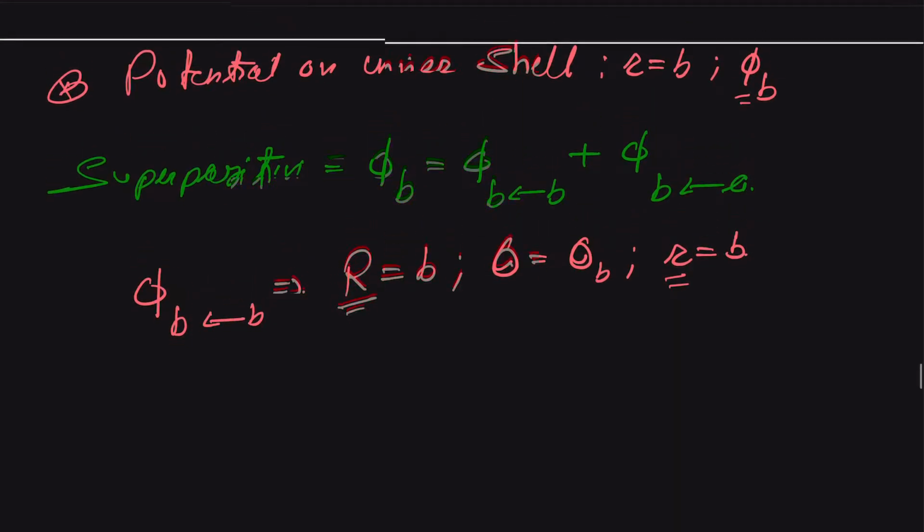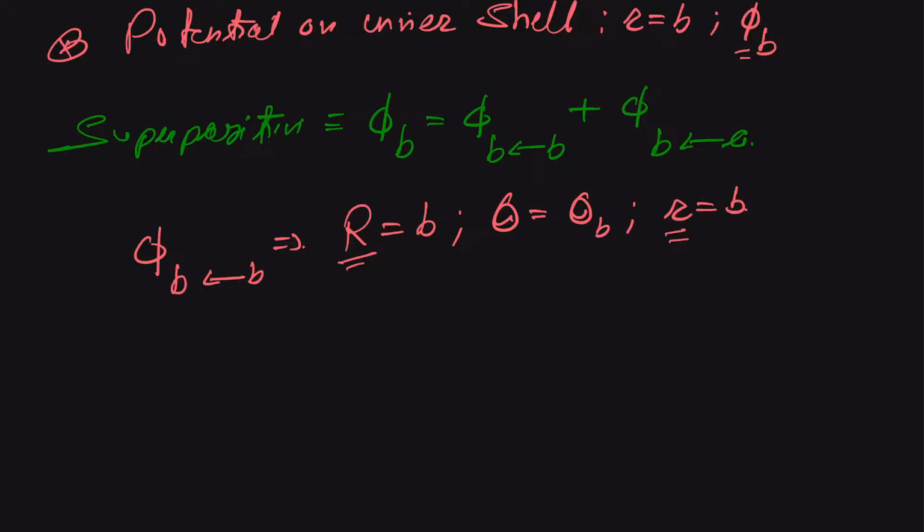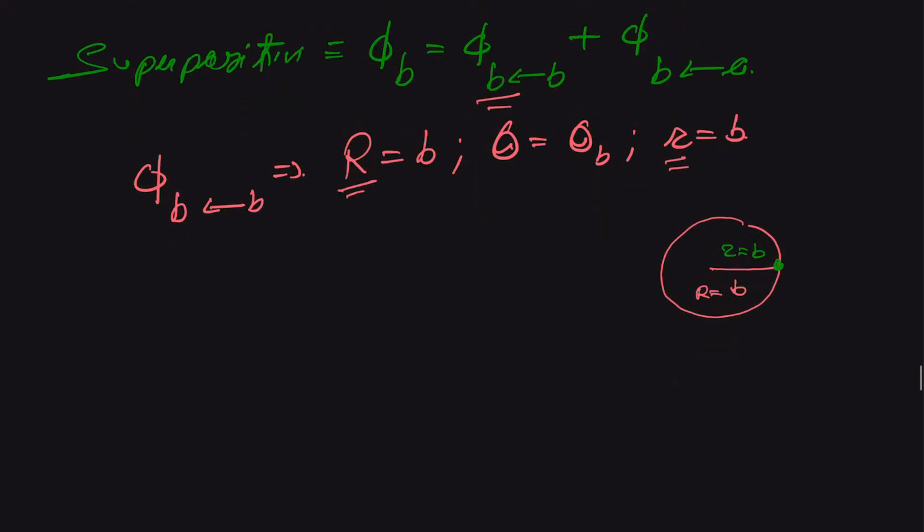So for this self potential, we have a shell whose radius is given as B. So here this R is equal to B, and we have taken the point that is itself on the shell. So once again, this small r is also equal to B.